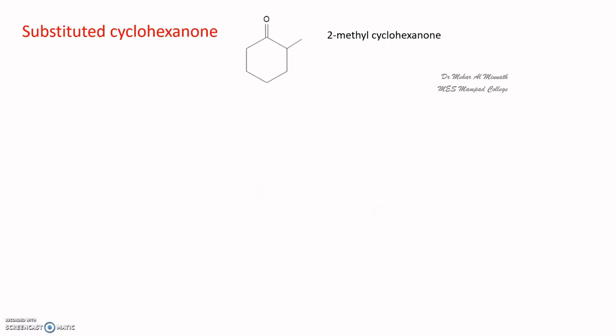Now, when we write the chair form of 2-methyl cyclohexanone, we can write it in two ways. That is, the methyl group in the equatorial orientation, or the methyl group in the axial orientation. When we put the methyl group in the equatorial orientation, the molecule will experience eclipsing interaction and angle strain.